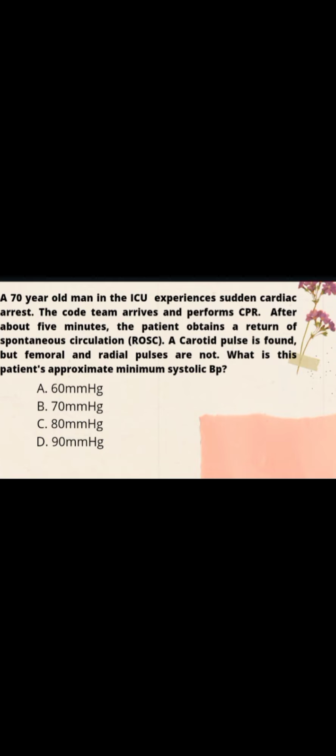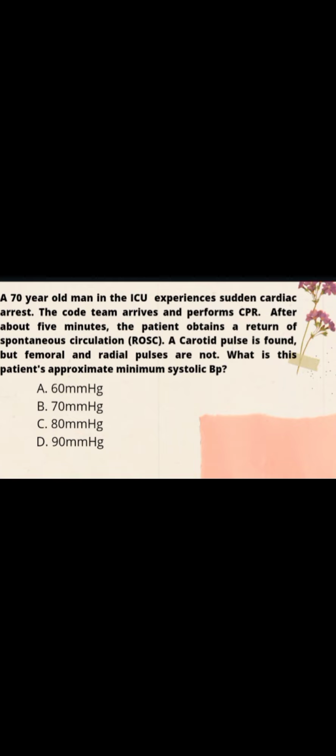The signs of ROSC include significant spontaneous breathing effort, coughing, movement, palpable pulse, measurable blood pressure, or abrupt sustained increase in end-tidal carbon dioxide.